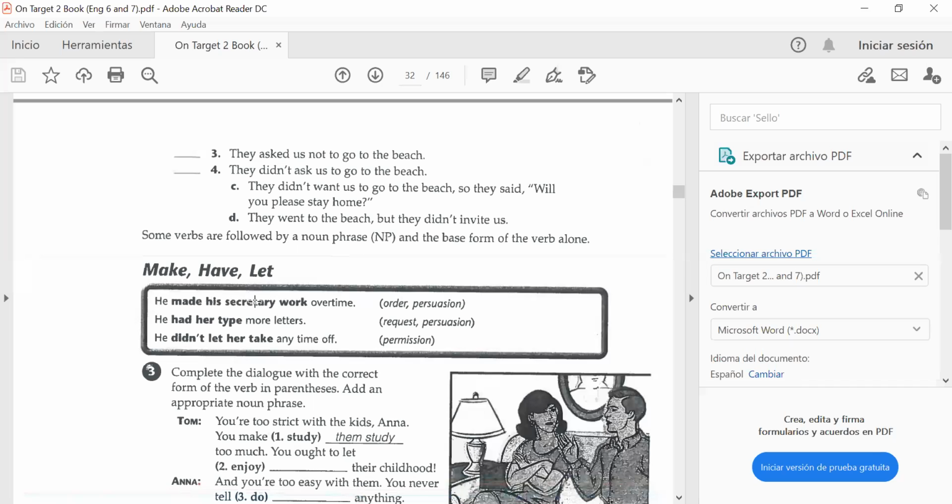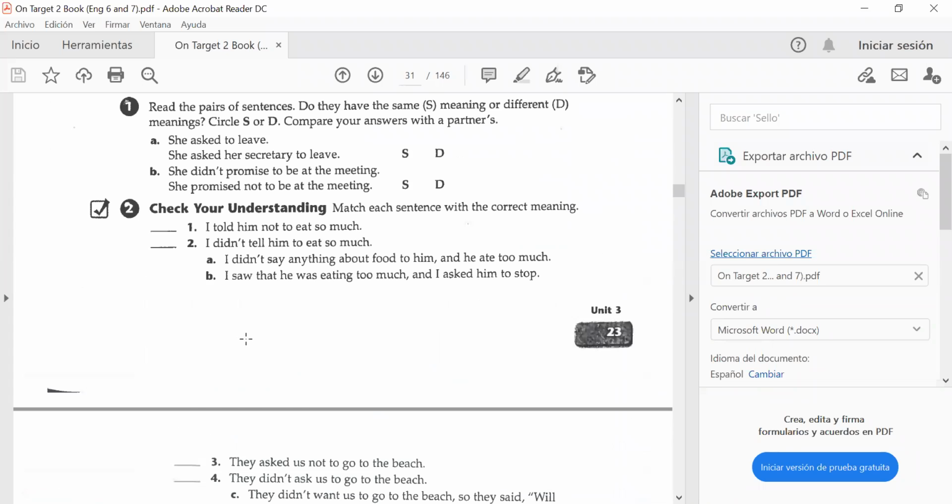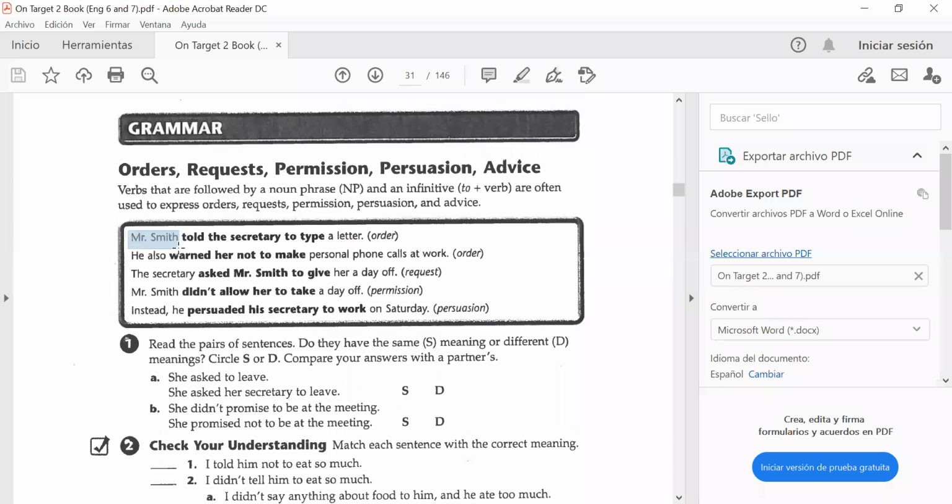The noun here is the secretary. We don't have to work, we only have work. We have her. Her here is the noun. Remember that nouns can be replaced by pronouns. Here, he is the subject, but he can be replaced with a name, which is Mr. Smith.